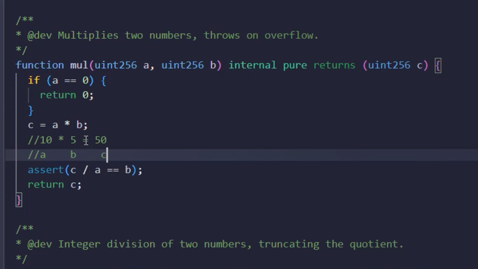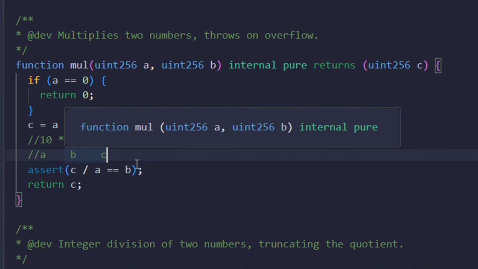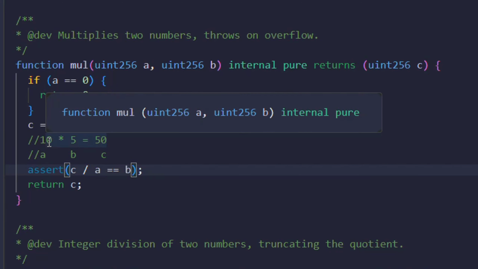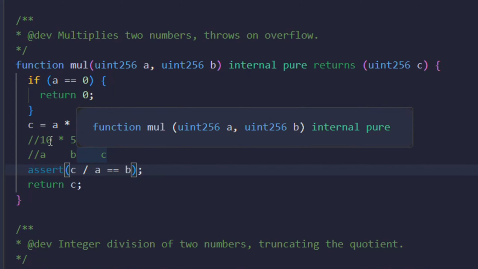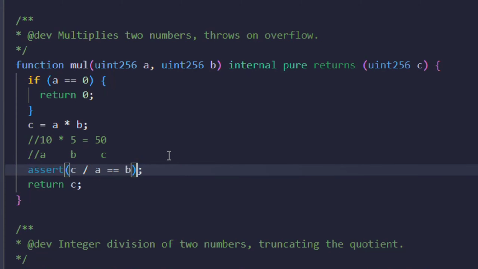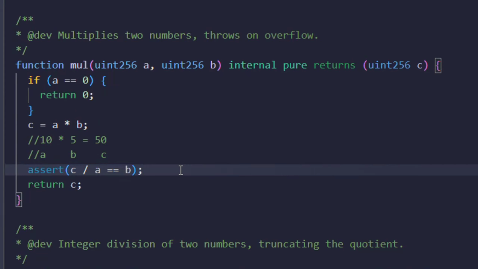So this assert is saying c divided by a must be equal to b. If we take 50, which is c, then divide it by a, which is 10, it should give us 5, which is b. If it doesn't give us this number, then there's something wrong with the multiplication. That means there's an overflow or an underflow, then it's going to revert. This function is not going to work. It's going to throw an error.